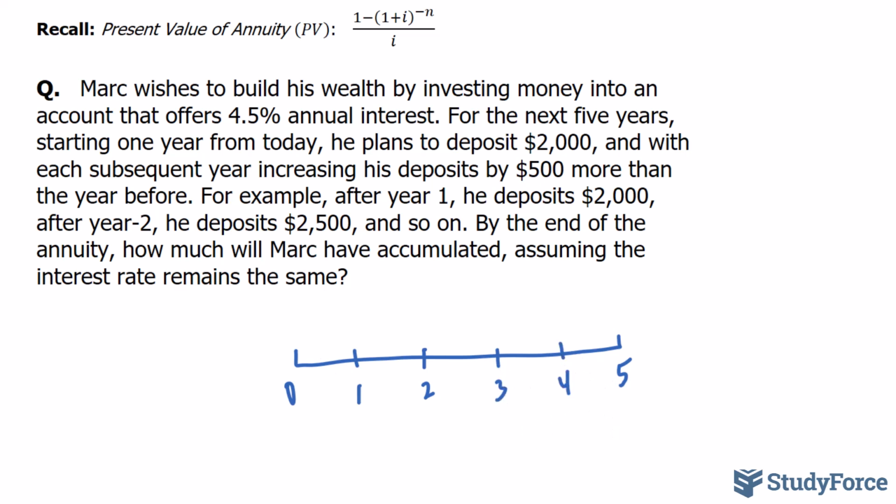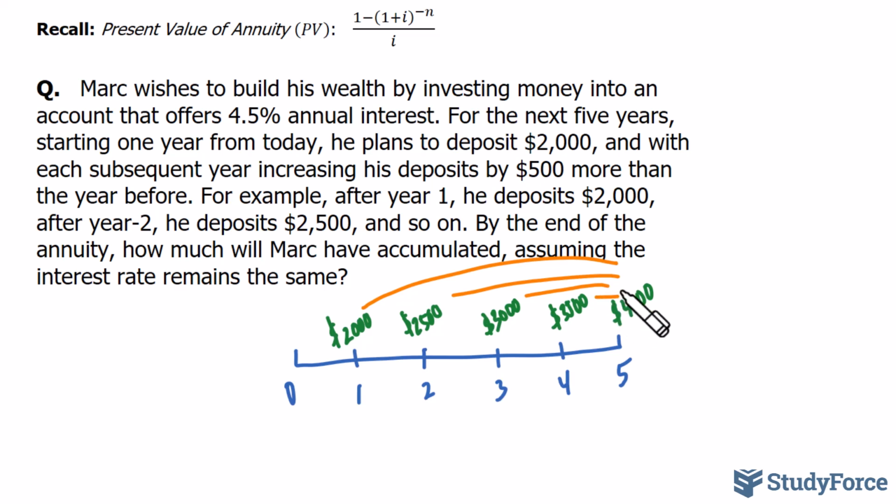At the end of year 1, he deposits $2,000, and then that jumps to $2,500, then to $3,000, $3,500, and in that final year, he makes a final deposit of $4,000. Note that the annuity ends at the end of year 5, so these first 4 payments will be accumulating compound interest up until that last payment of $4,000.